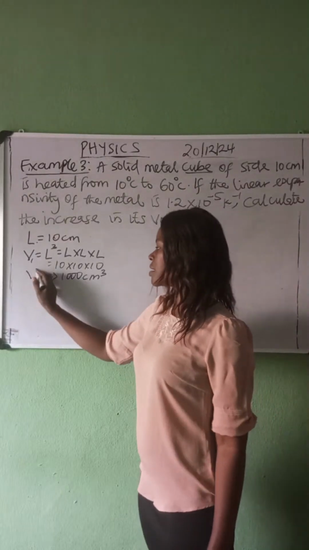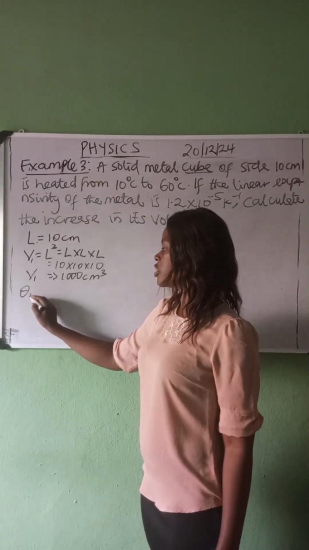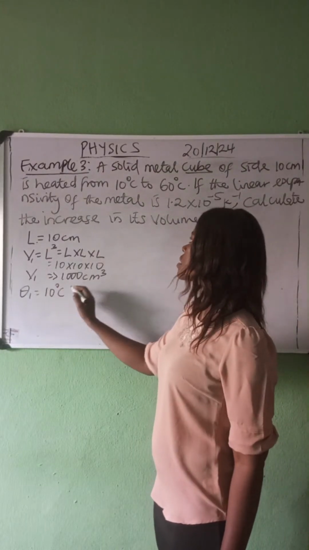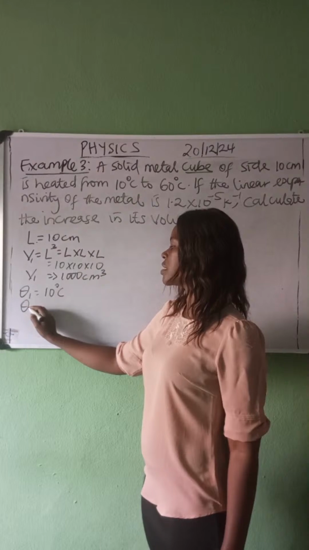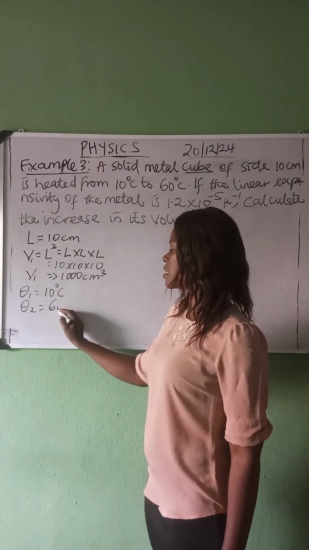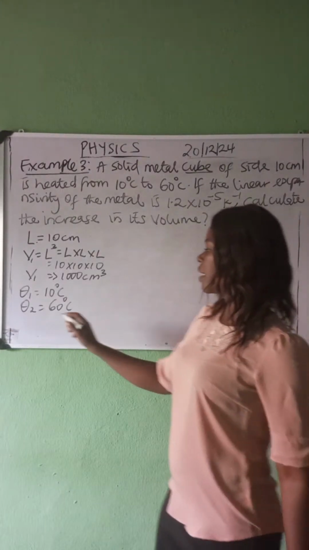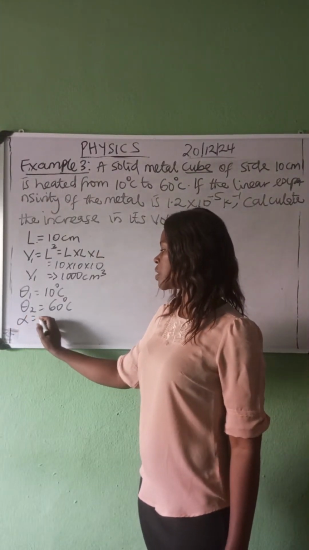Now that is V1. The initial temperature θ1 is given as 10 degrees Celsius, while the final temperature θ2 is given as 60 degrees Celsius.